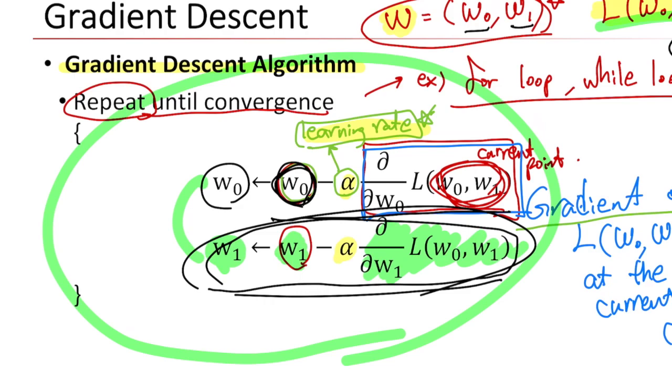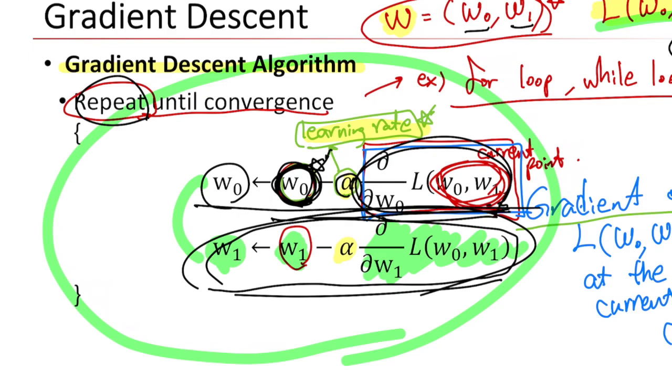Okay, so as we discussed previously, the gradient descent algorithm is an iterative solution. Through the iterations, we compute the gradient of the loss function and move in the gradient direction from the previous parameter. Okay, so this is the gradient descent algorithm.